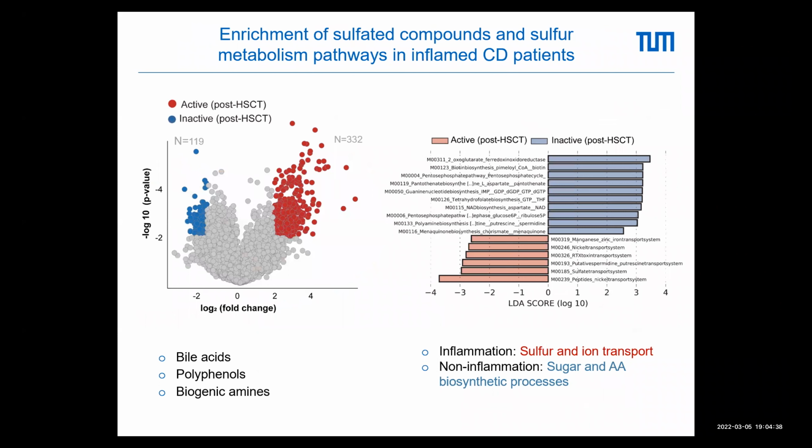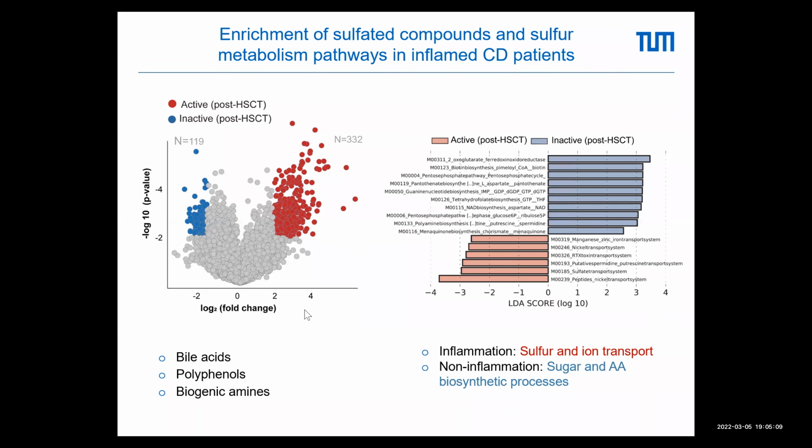So what we did next was that we wanted to add additional layers of information. So not only the taxonomic composition of the gut microbiome community, but we also wanted to look at the functional potential and functional activity of these bacteria. So to do that, we did untargeted metabolomics.